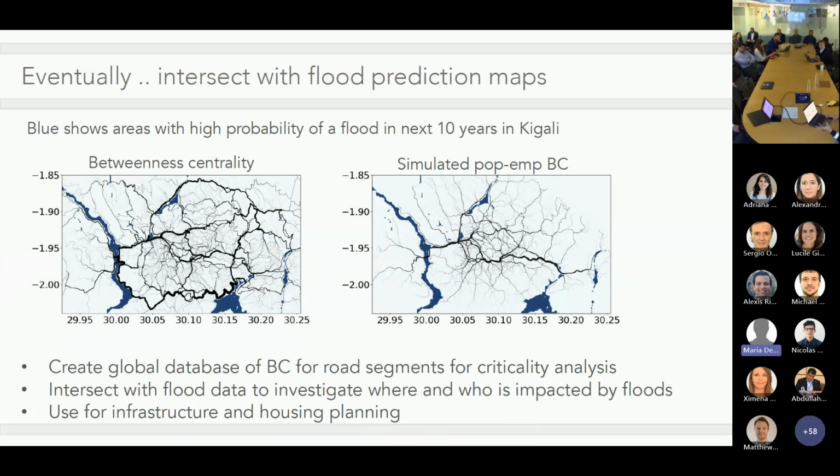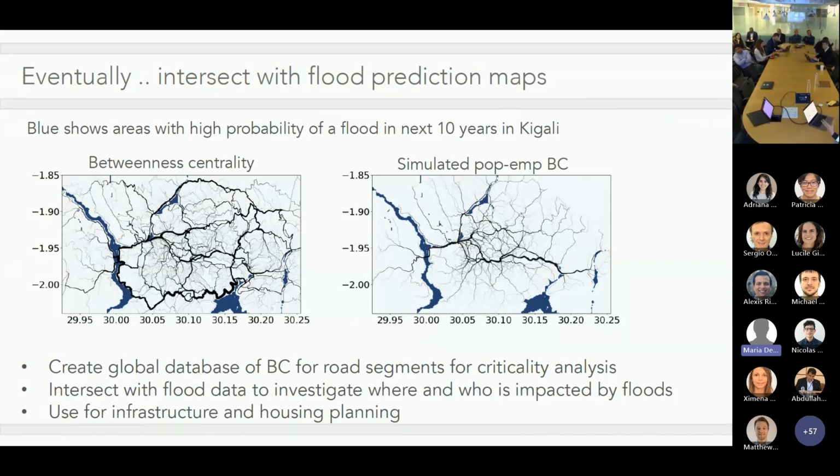And as the final step, coming back to our original question, once we identify these critical road segments, we can overlay flood data with this information. How can we identify the people and the roads that are most at risk? And eventually, how can this lead to infrastructure and housing planning in these cities?